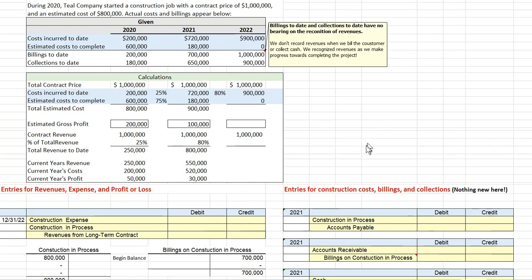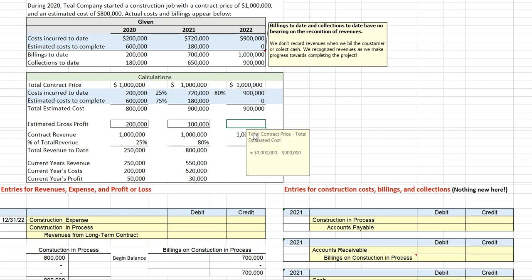Let's take a look at the last year on our contract. We begin by picking up our beginning balances for billings on construction in process as well as our construction in process. We have now incurred a total of $900,000 in cost. We estimate no additional cost to complete, so we've got a total cost of $900,000.